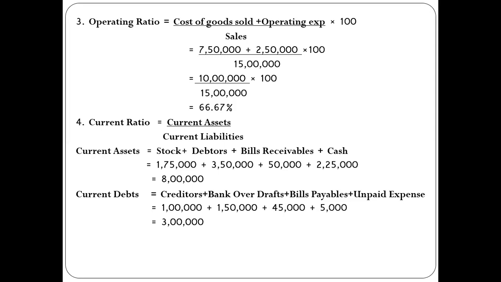So the answer will be 3 lakh. Now for the current ratio, we just divide 8 lakh by 3 lakh and we get the answer 2.67 to 1. So our current assets are 2.67 times the current liabilities.